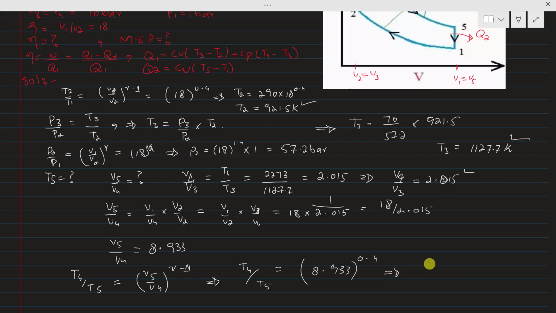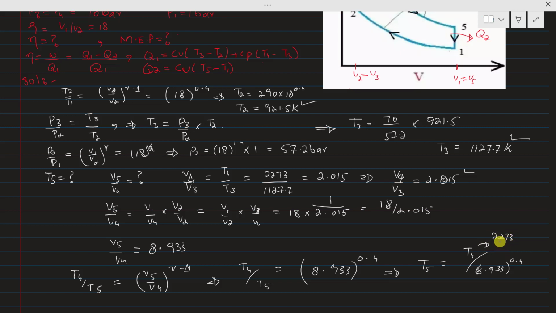So the final value of the temperature T5 will be equal to the value of T4 divided by 8.933 to the power 0.4, and the T4 value here it is 273.